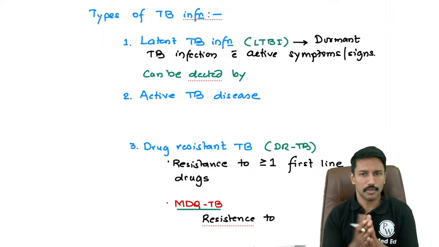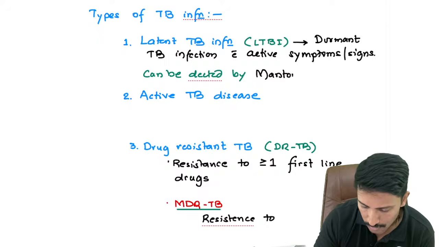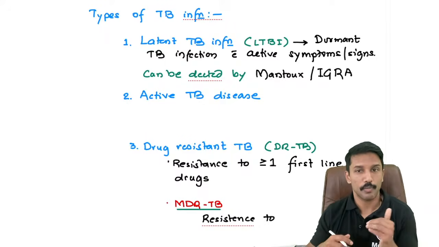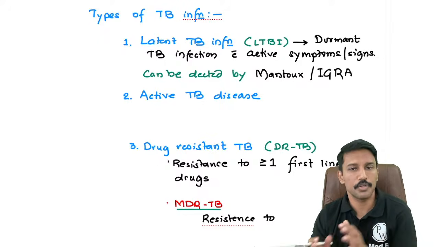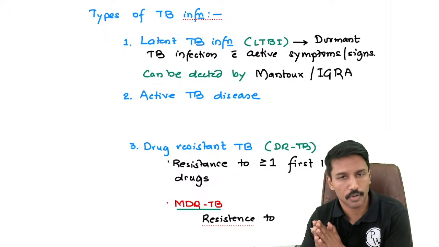We should be aware about it, but for the exam, you can write can be detected by either Mantoux test or IGRA. IGRA refers to interferon gamma release assay. One of the commonly performed interferon gamma release assays is going to be TB Quantiferon Gold.